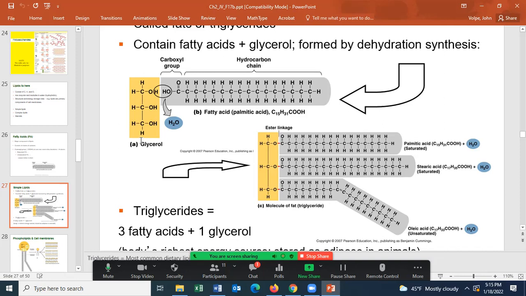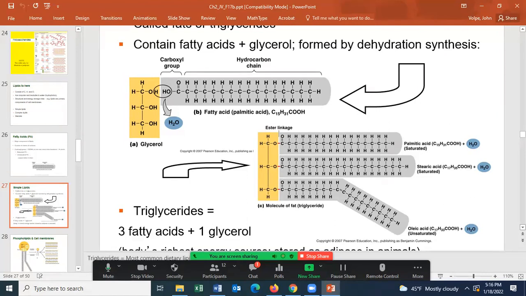This is glycerol shown here. And then there's the fatty acid, and water comes out in dehydration synthesis to make that link. There is a little bit of oxygen in this lipid, but there's only 2 oxygen atoms in a triglyceride, a molecule containing 1 glycerol covalently bound to 3 fatty acids, which is why it's called a triglyceride.